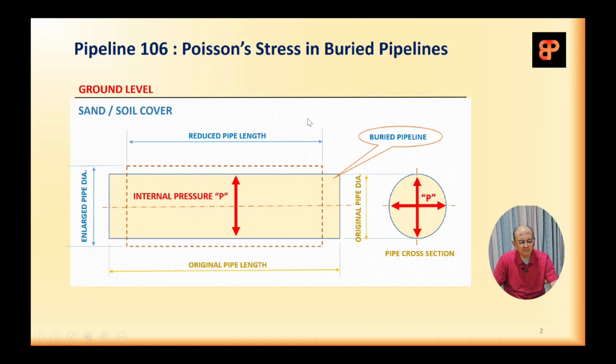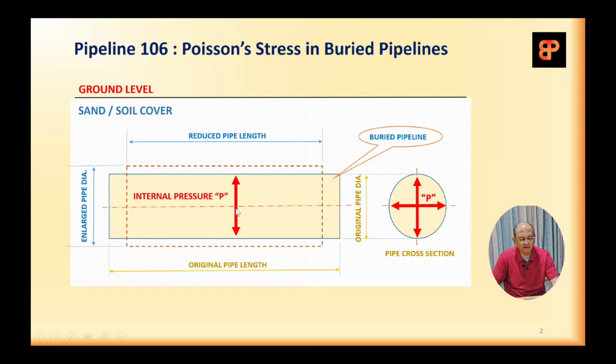Now, if this pipe is kept above ground, when there is no soil weight acting, there is no resistance to the axial movement of the pipe, and therefore the stresses won't come into the picture. But because the pipe is buried, as shown here, there is a soil cover on it, the weight is acting, and there is friction between soil and pipe.